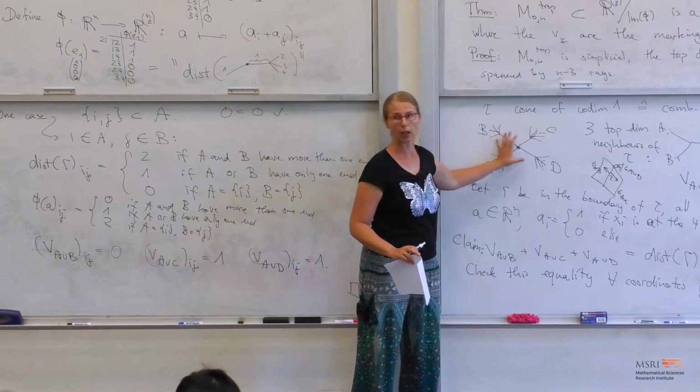If sigma 1 and sigma 2 are balanced fans of the same dimension, we have a map of fans from sigma 1 to sigma 2, and sigma 2 is irreducible.